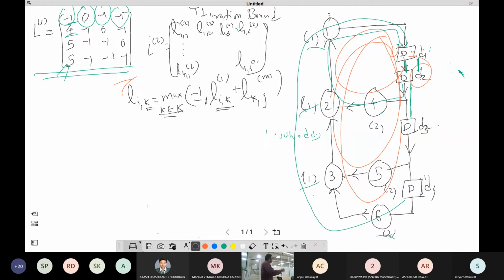Okay, so just to do it in a mathematical way for an algorithmic representation, this is an expression where this K is any in between value which you need to look for to reach. Okay, so now let's consider L21.